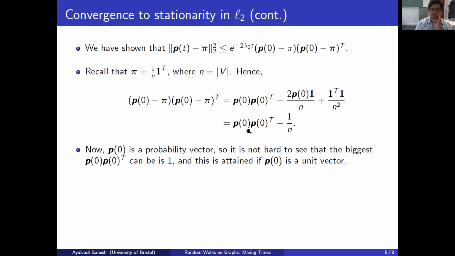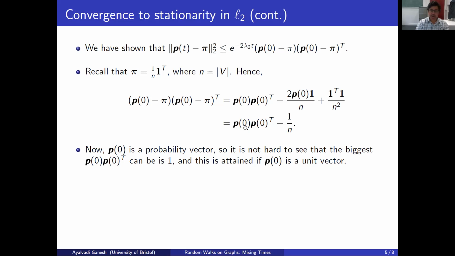Okay, and now for the first term, how big can the inner product of P naught with itself be? P naught is a probability vector, so it consists of non-negative elements which add up to 1. And when you take this inner product, you are taking the square of each element and adding them up. And the biggest that sum of squares can be is 1. It's not hard to see that.